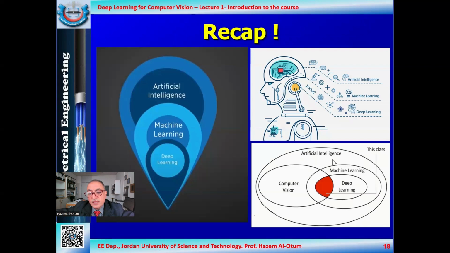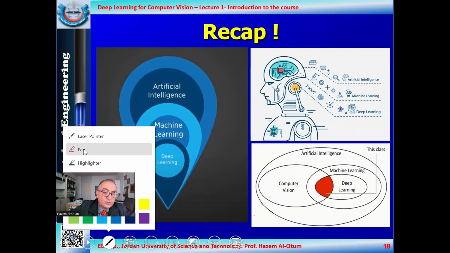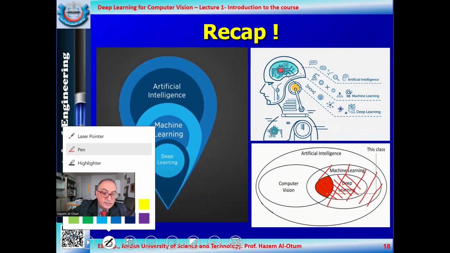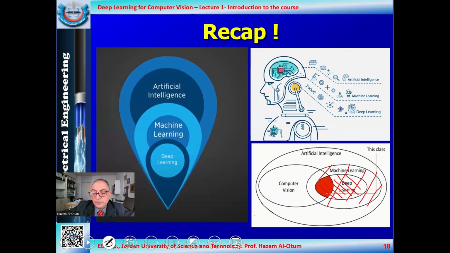As you see here, we have artificial intelligence as the big umbrella. Then machine learning is a part of it. Let's have a pen here to better show this. So we have machine learning as a part of the AI. Then deep learning is a part of machine learning. Let's have another pen color.